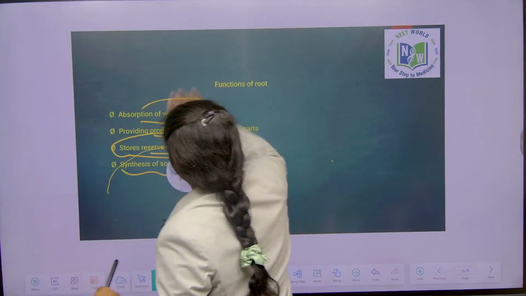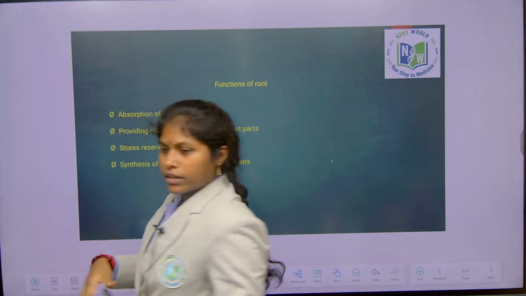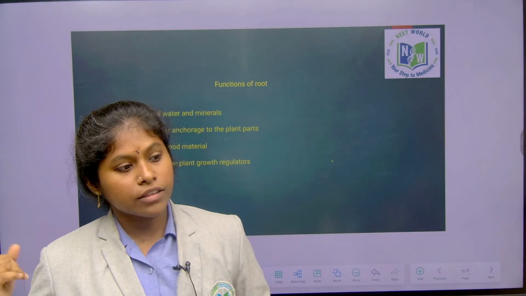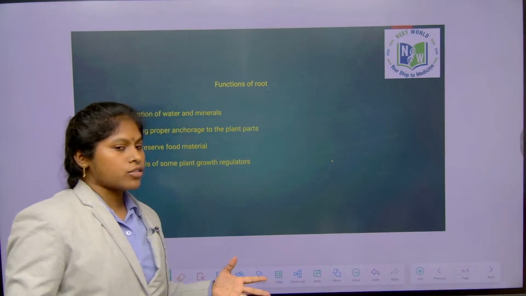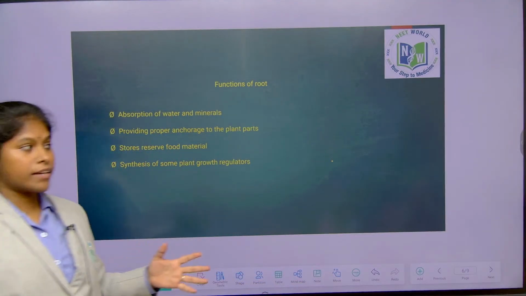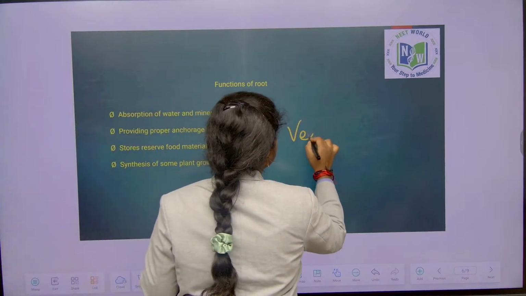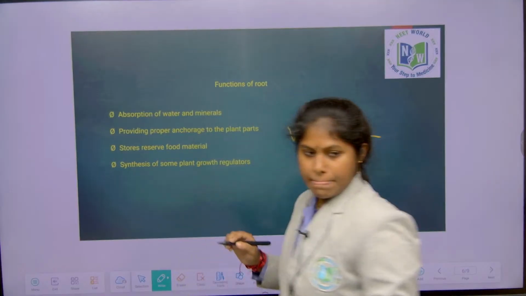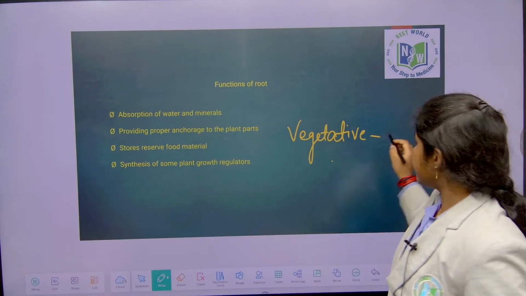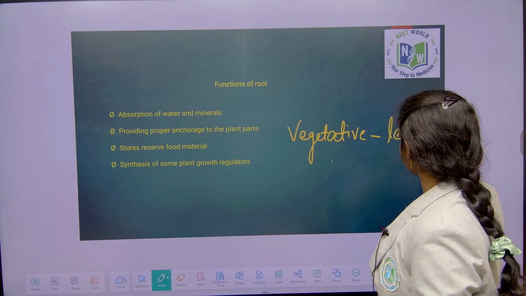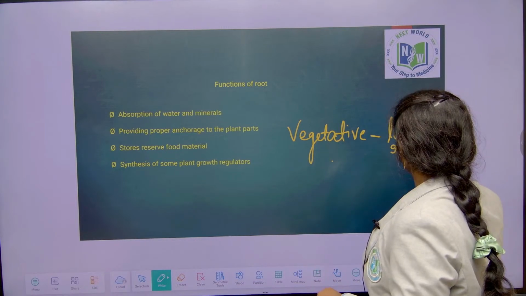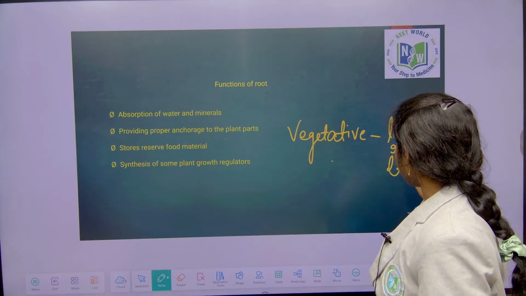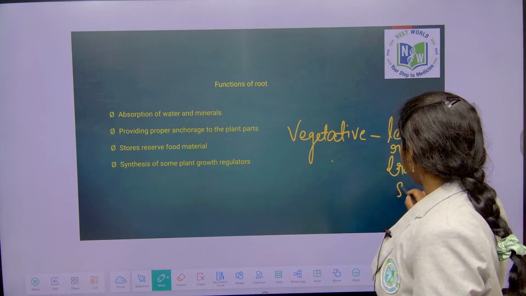From every part of the plant, we are going to learn in the morphology, from root till the flower and fruit. Tell me, what are the vegetative parts of the plant? Leaves, roots, branches, stem.